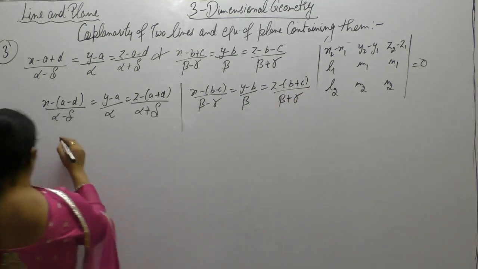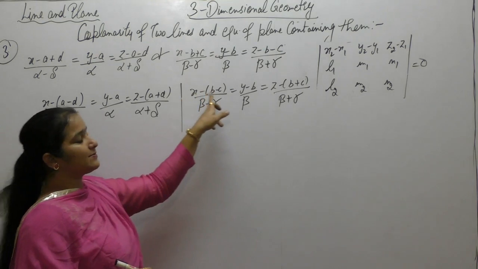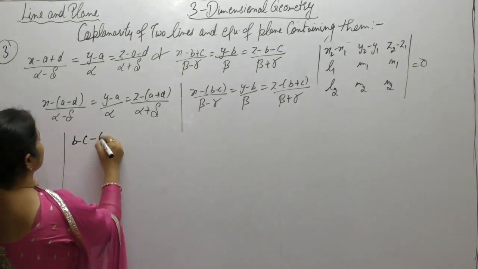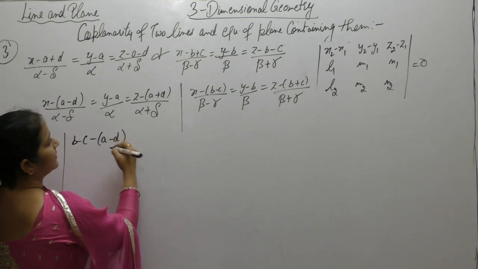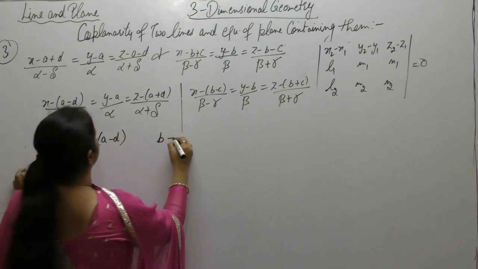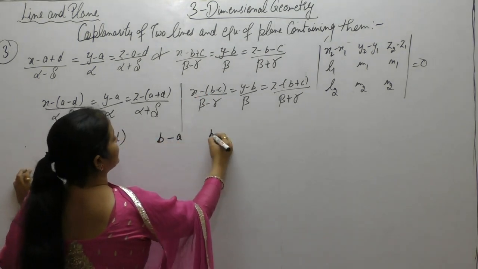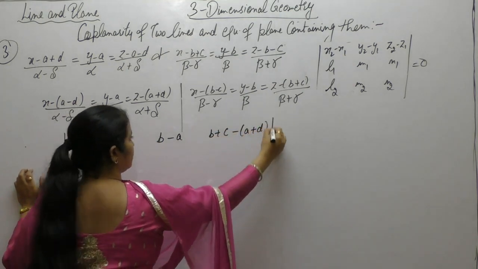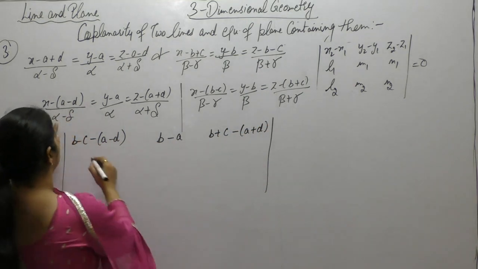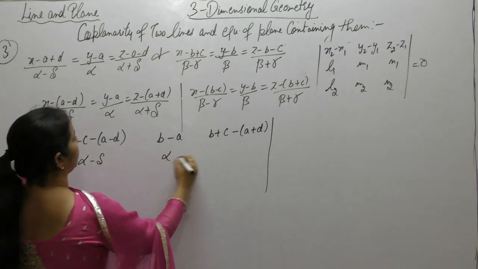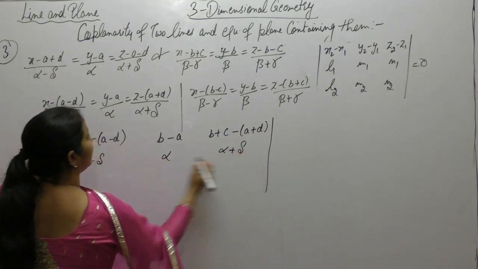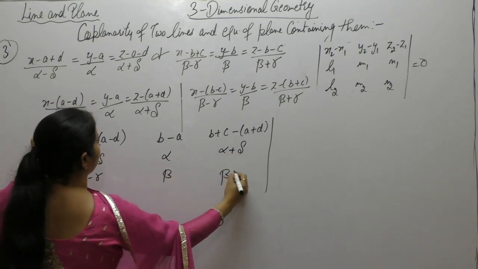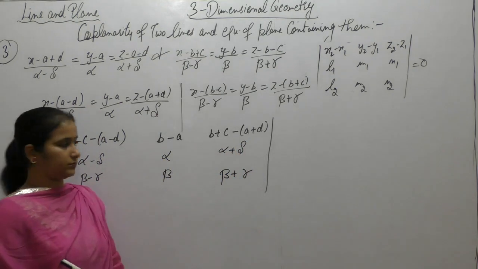Now put the values: x2 minus x1 is b minus c minus a minus d, y2 minus y1, z2 minus z1, L1, M1, N1, L2, M2 and N2.